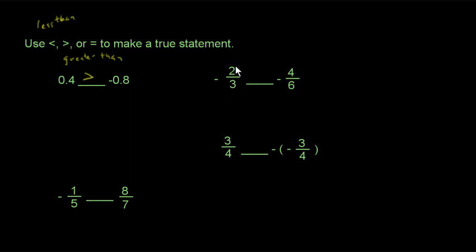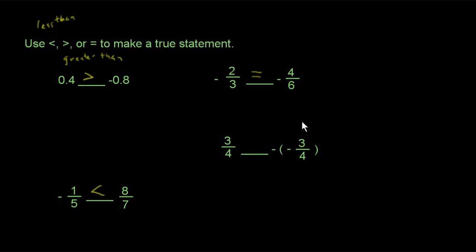For the second problem, notice that -2/3 and -4/6, -4/6 is the same as -2/3, so we put an equal sign in there. The next problem has -1/5 and +8/7. -1/5 is the smaller, so we have our arrowhead pointing to that, and we put in a less than symbol.